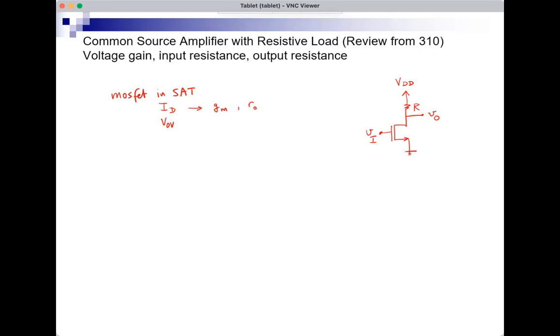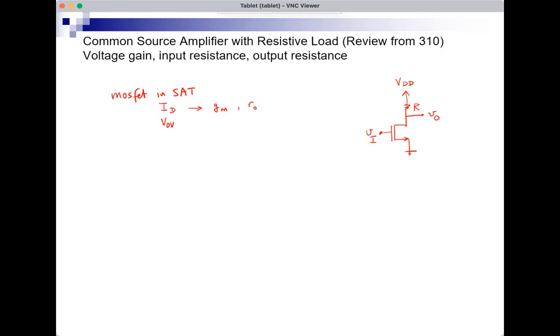So we know already that this can be used as an amplifier, and if it can be used as an amplifier, it means that I can model it as an amplifier. So to model it as an amplifier, I need three quantities: the voltage gain, the input resistance, and the output resistance. So from the small signal analysis, I should be able to find these quantities.